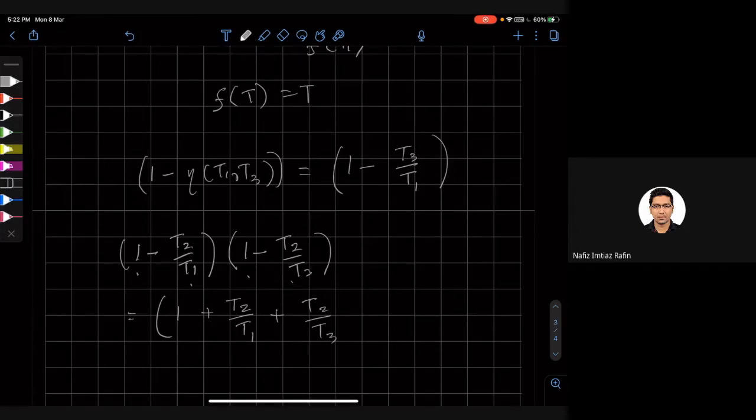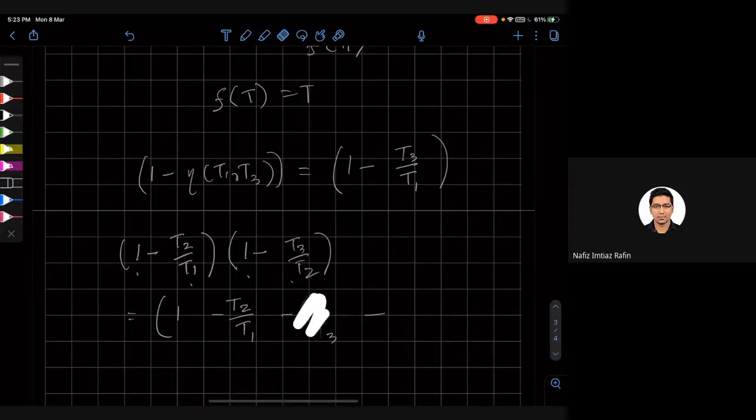And then over here we have minus minus. So what am I doing? This should be minus sign, sorry. Did I make a mistake? I think so, yeah. Sorry, this should be the other way. This should be T3 by T2, right?